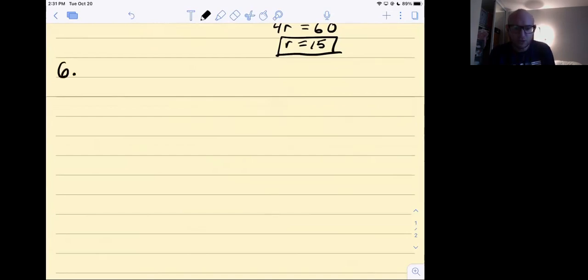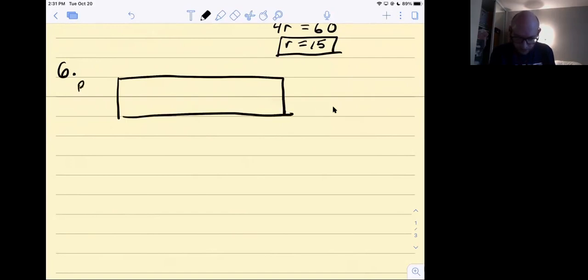So number 6 is the train from Boston to New York is 210 miles. So we have 2 trains traveling opposite each other, a train from Boston and one from New York. And again, we're going to do distance, rate, and time.